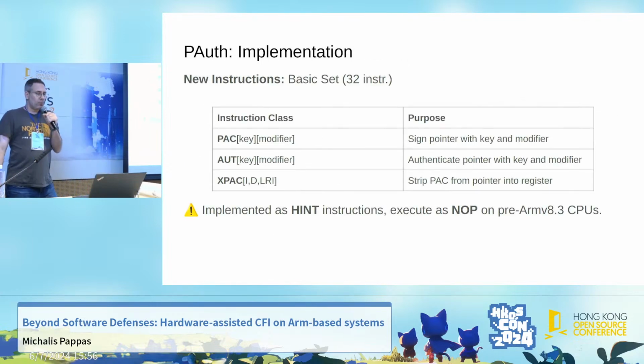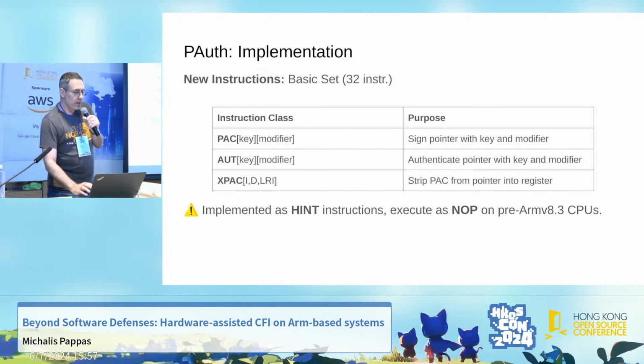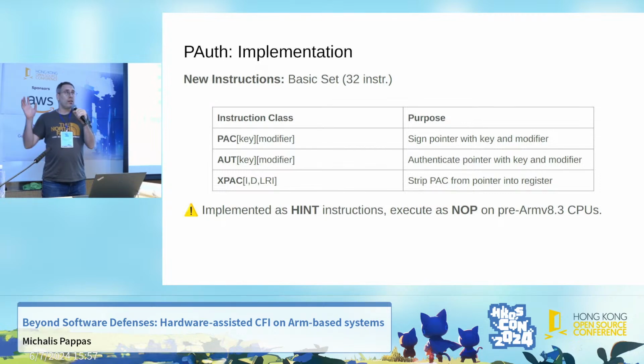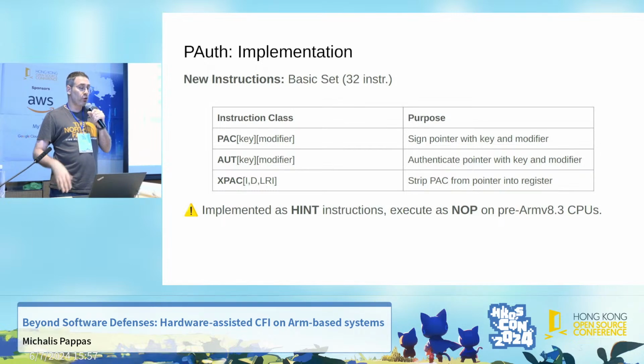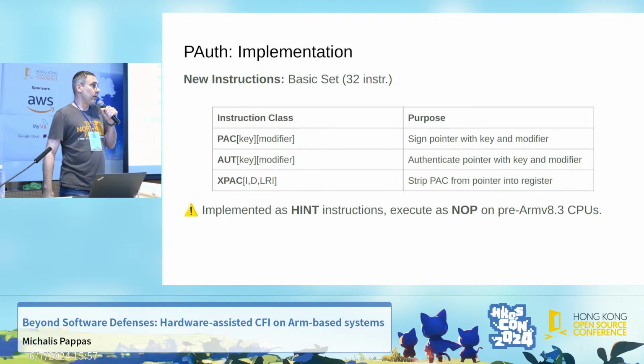Okay, so moving on to the implementation, ARM has added new instructions into the instruction set. There are two big classes of instructions, the basic instructions and the combined instructions. The basic instructions provide instructions for signing a pointer, authenticating, or stripping the signature from a pointer.